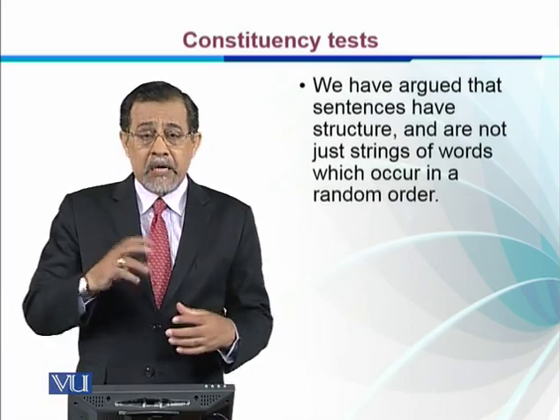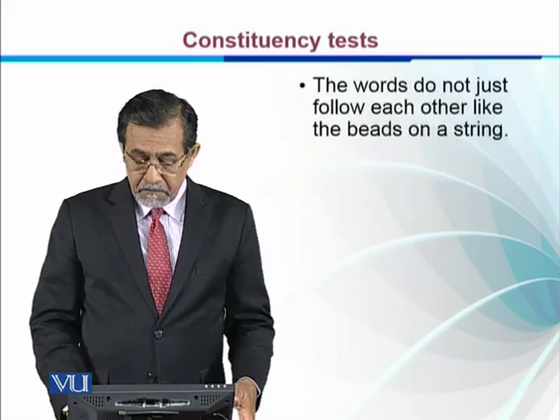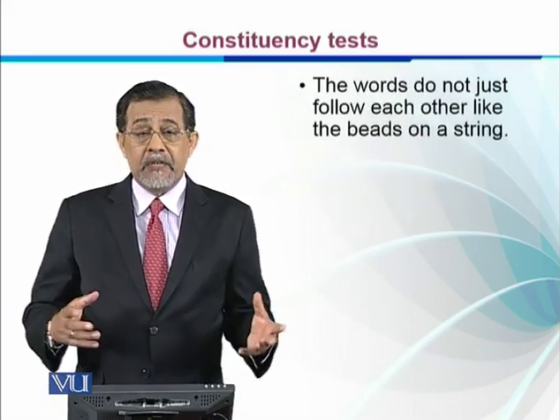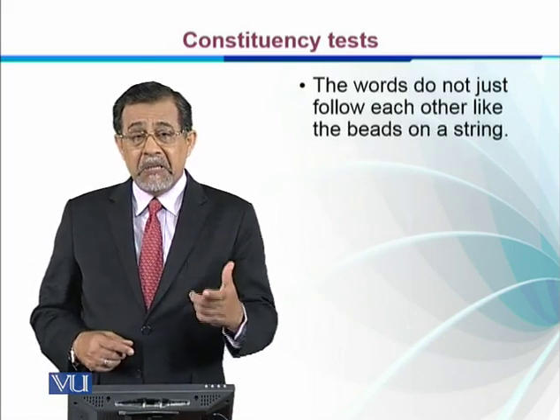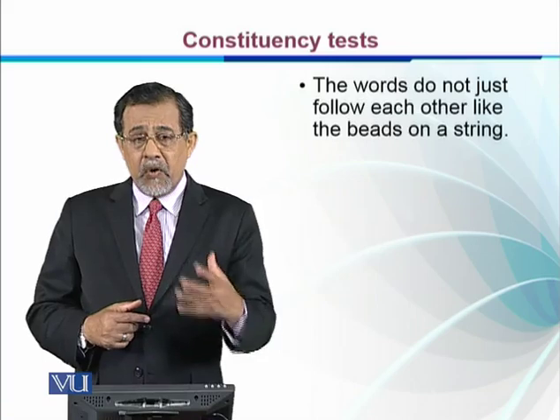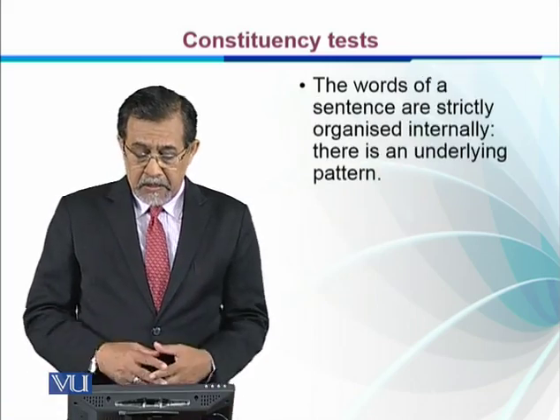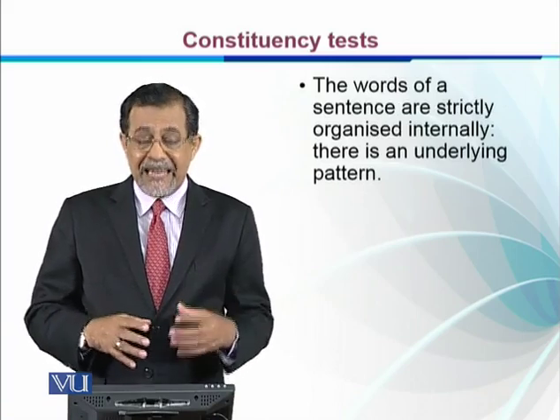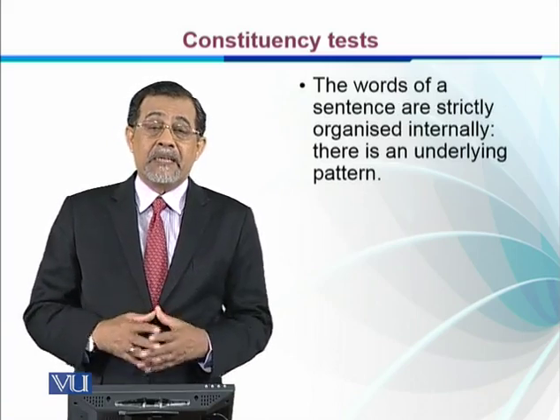They do not occur randomly. The words do not just follow each other like beads on a string, that you can bring any bead, right? You have to look for a certain order. The words of a sentence are strictly organized internally. There is an underlying pattern internally.